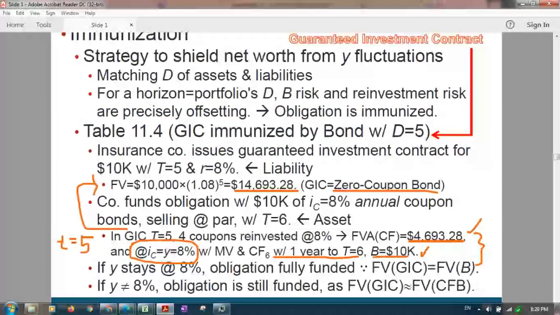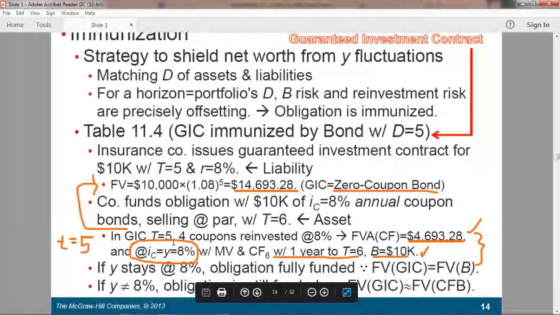Okay? So now, if you think about it, this GIC at the maturity, which is 5 years, at the end of year 5, your assets will have 4 coupons reinvested at 8%.